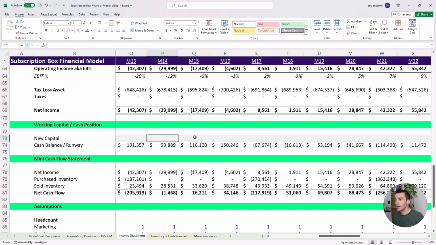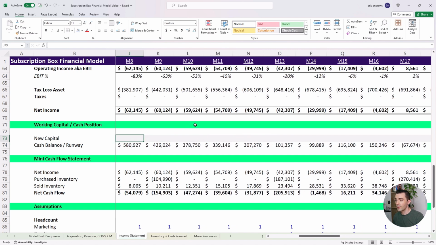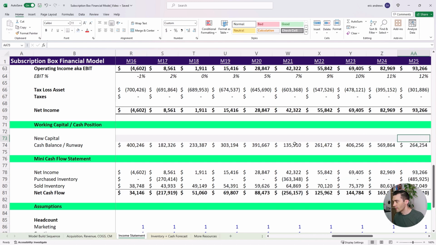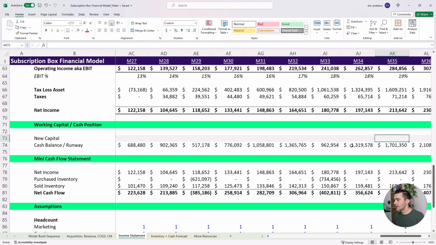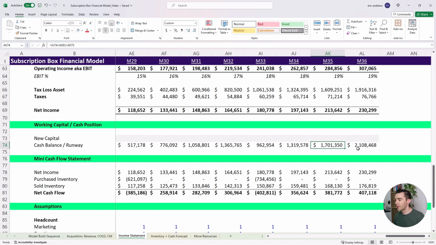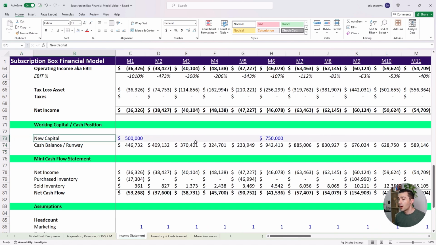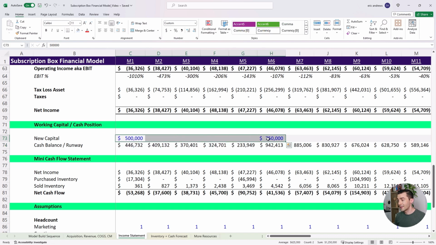So we would need another cash infusion. Maybe let's say here we target $750K. Would that get us there? Okay, so yeah, you can see this gets us to a point where our cash starts going up again. So total, the business needs to raise about $1.5 million to get to profitability.